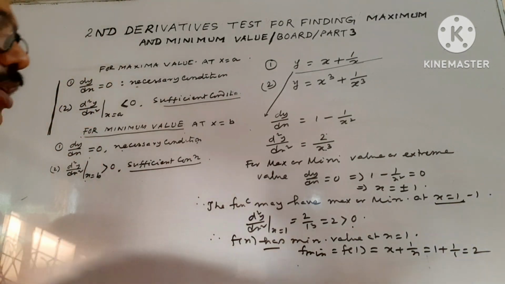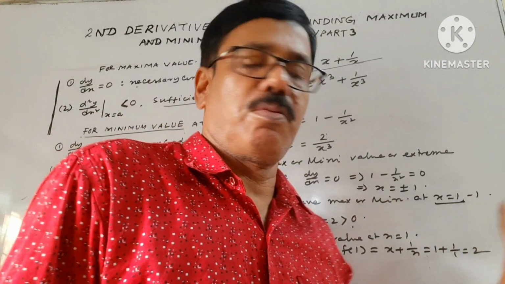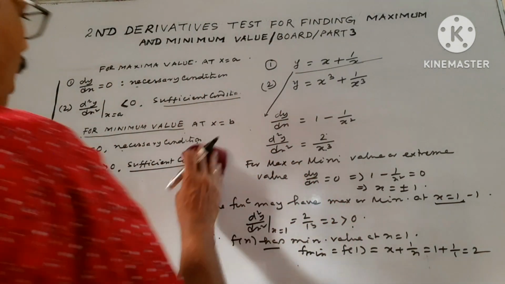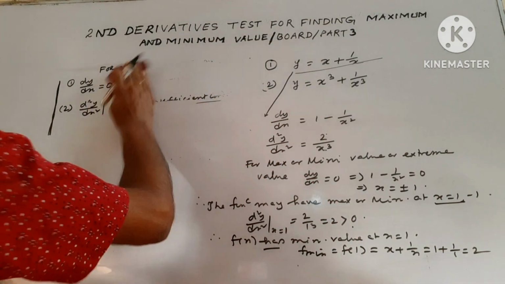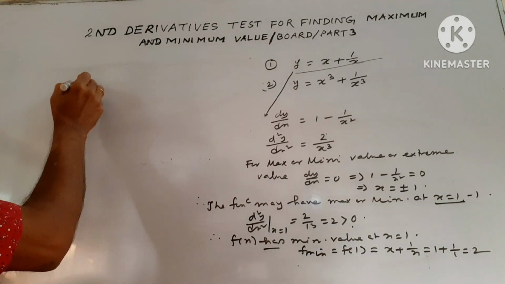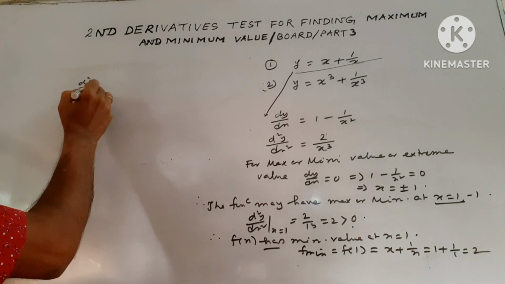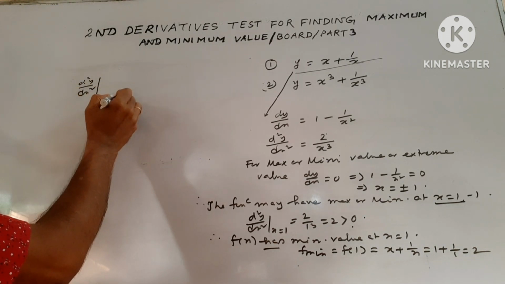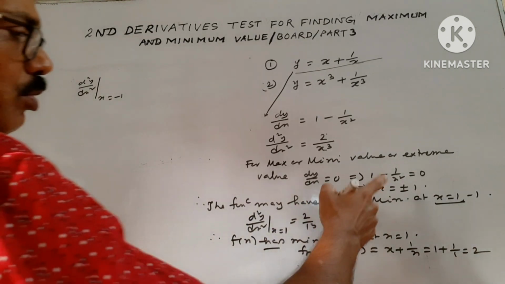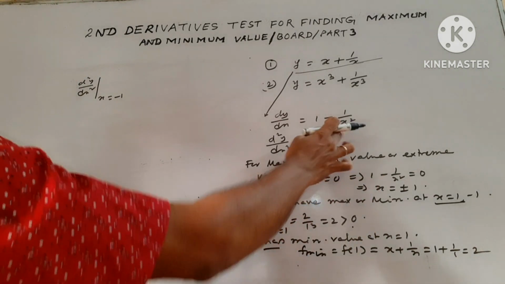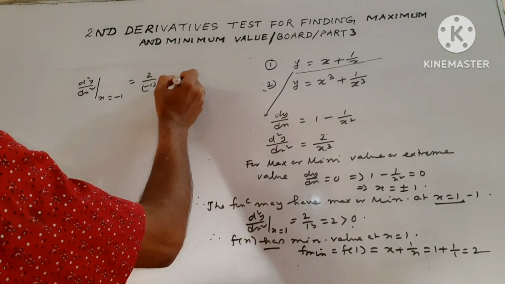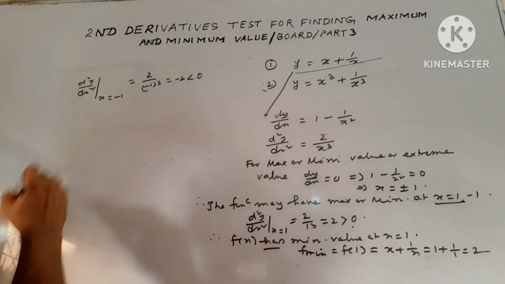Now you have to check the second point, x equals minus 1. Now look, d2y/dx2 at x equals minus 1 equals 2 by (minus 1) whole cube, which is minus 2, less than 0.